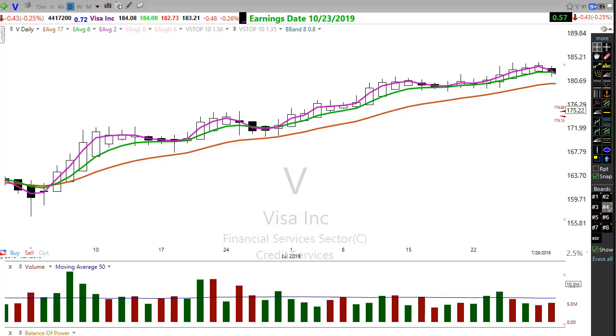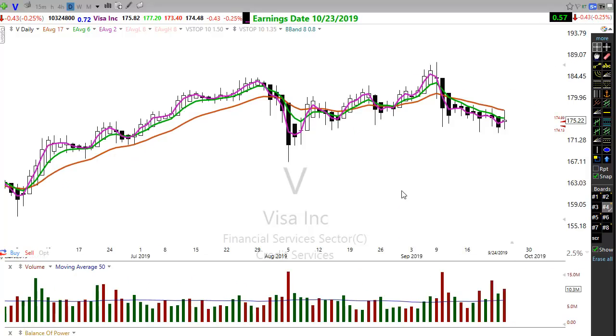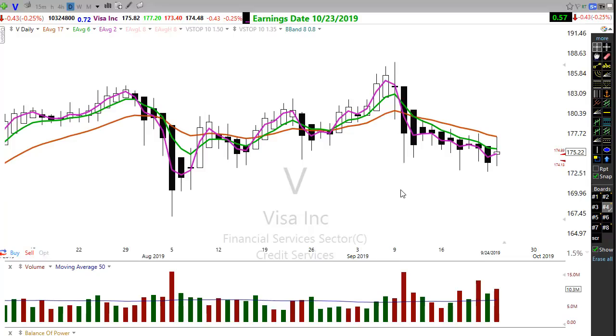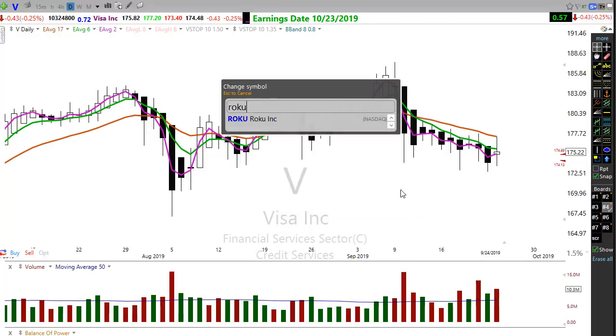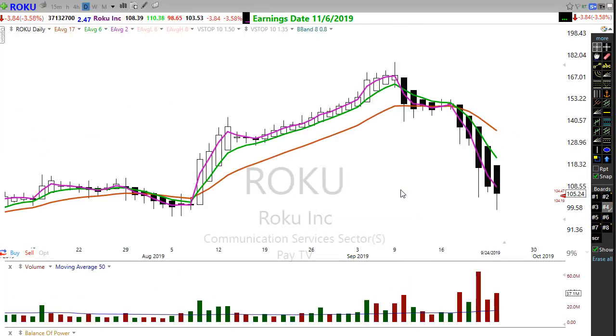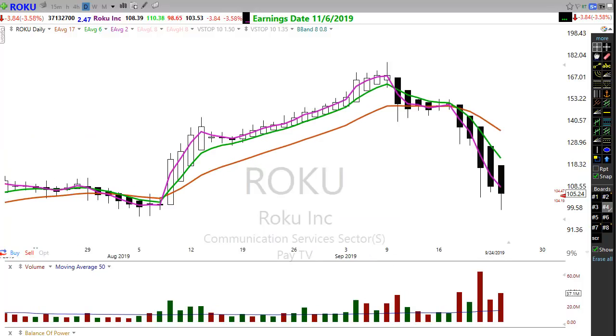Now this works up candles, down candles, it really doesn't matter. Take a stock like Roku. Could you imagine getting short this trade here? Failing underneath here, getting short that trade. Stock goes from 140 down to 105, a 40-point loss.